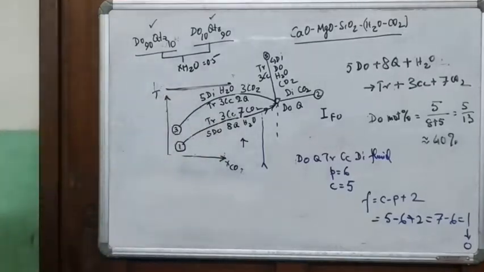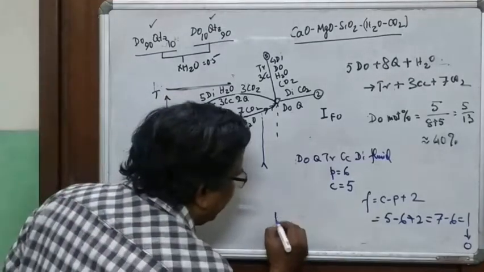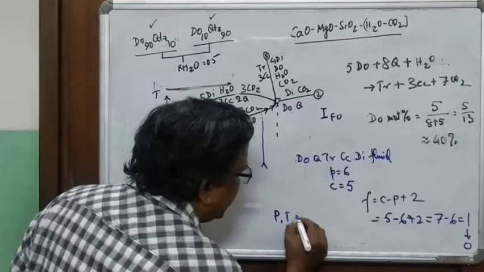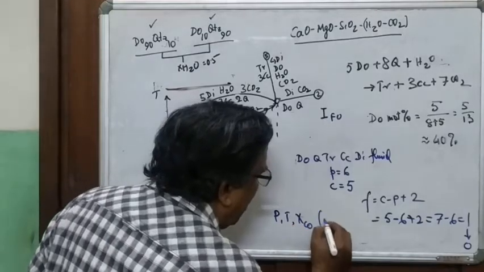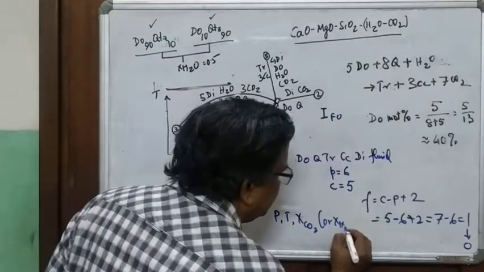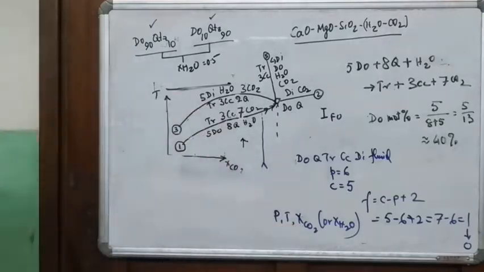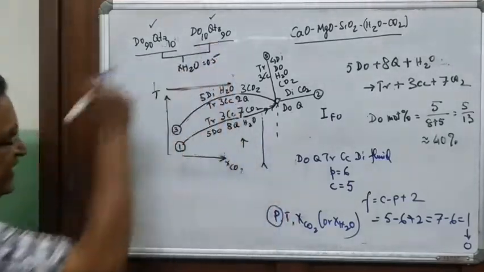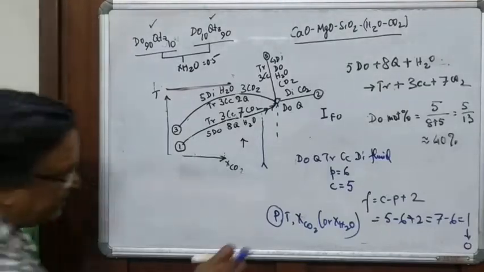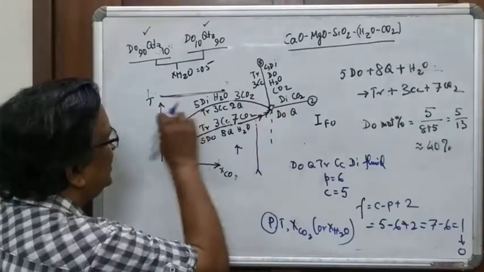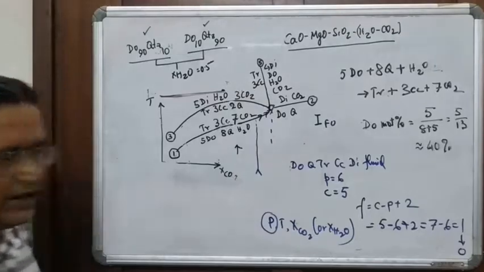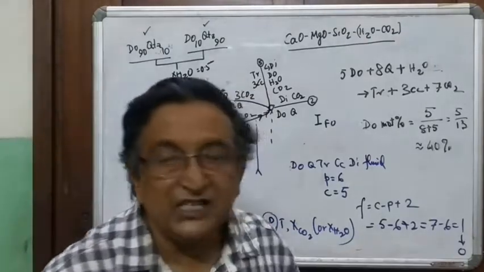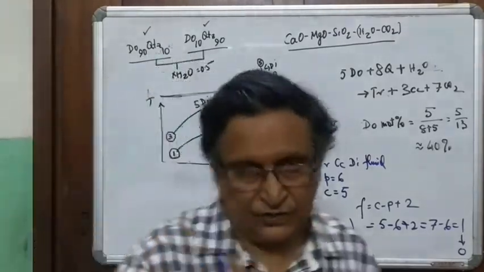And what are the metamorphic variables? The metamorphic variables are pressure, temperature, XCO2 or XH2O. These are the metamorphic variables. So you see here, your P is already known because you have taken an isobaric diagram. And at this point, T and XCO2 are known. That means this point is isobaric invariant.